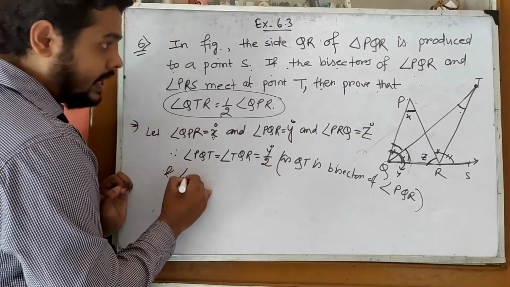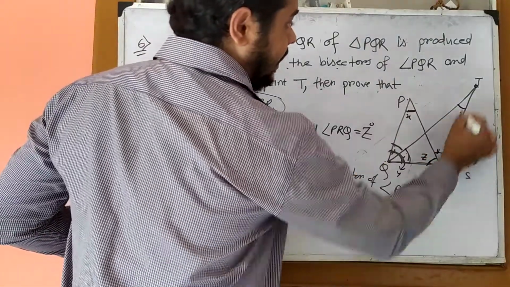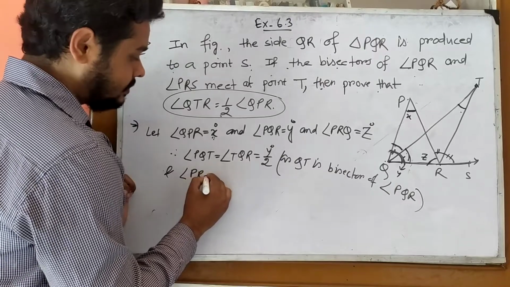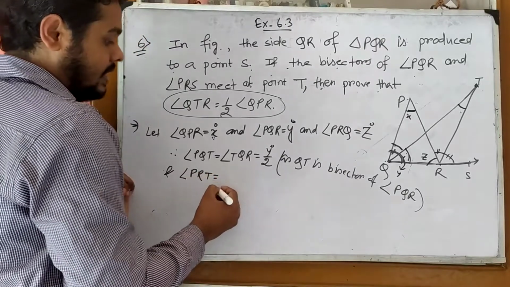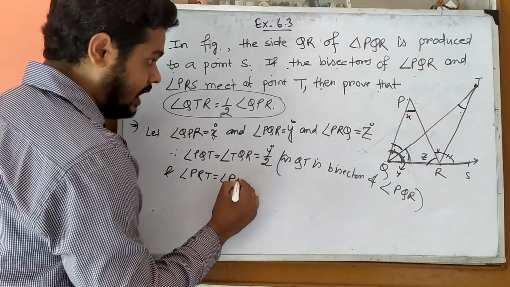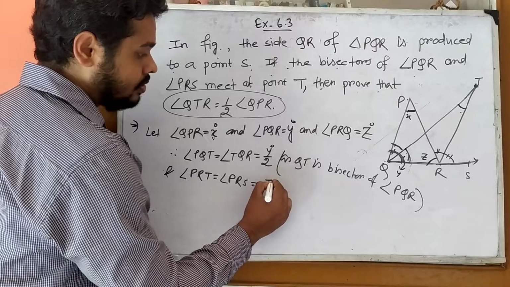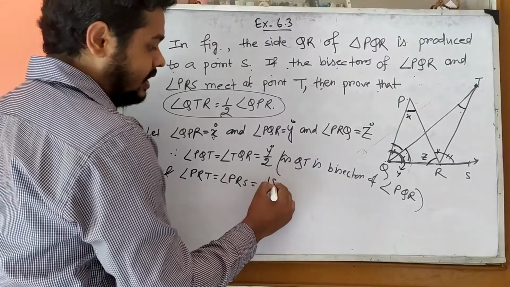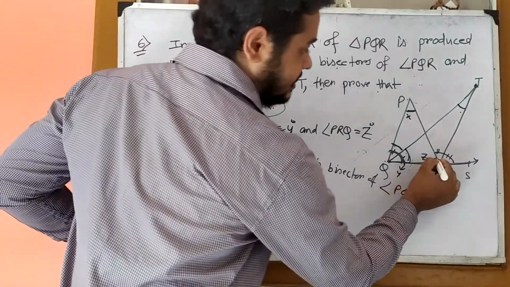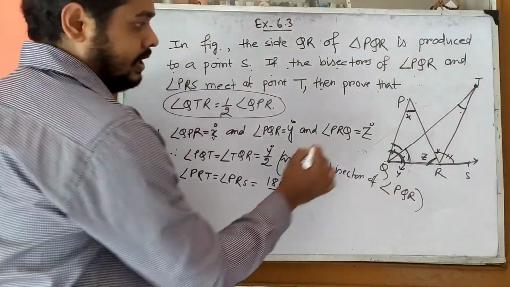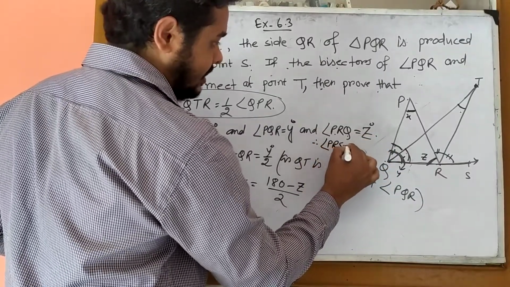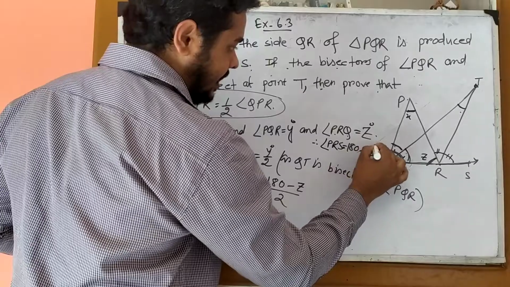And this angle PRT plus this angle equals angle PRS, which equals 180 minus z. Why? Because this angle PRQ is z, therefore angle PRS will be 180 minus z degree, by linear pair of angles.